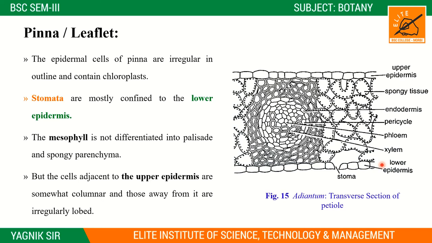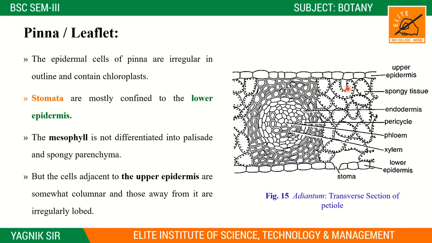But here we cannot differentiate what is a palisade cell and what is a spongy parenchymatous cell, right? Here this is a spongy tissue, but we cannot clarify whether this is only spongy cells, or this layer of spongy cells. But the cells adjacent to the upper epidermis are somewhat columnar, and those away from it are irregularly lobed.